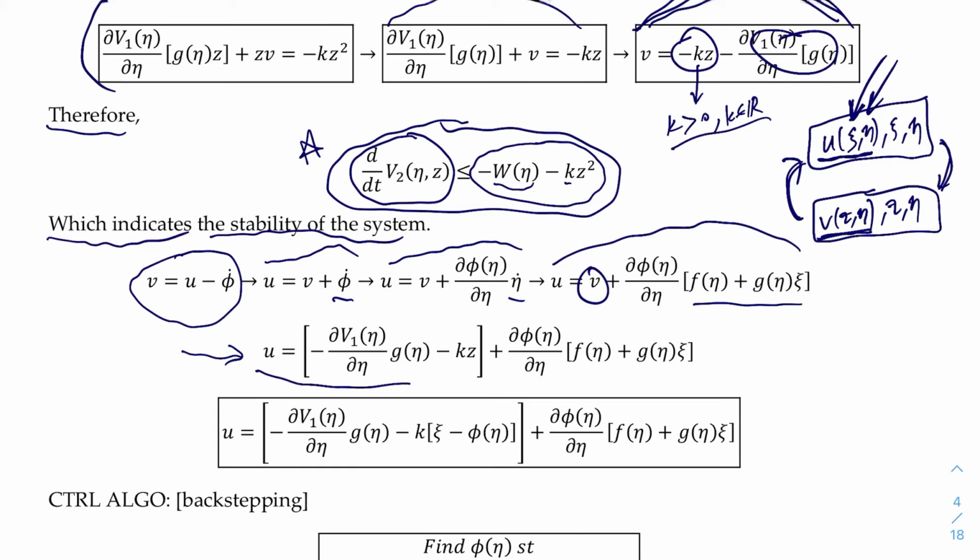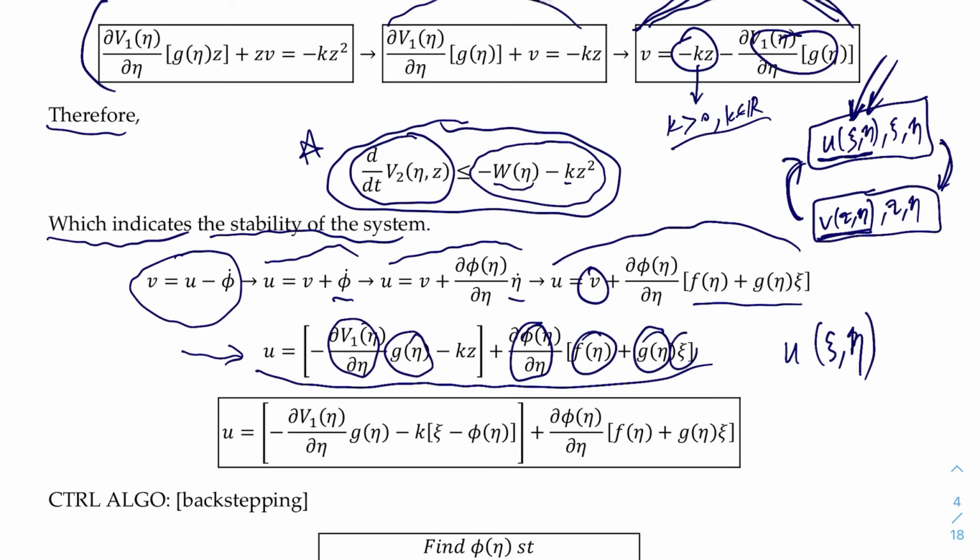And again, at this stage we need to find u as a function of xi and eta. Xi and eta. Okay, this is a function of eta, this is a function of eta, this is a function of eta, this is a function of eta, eta and xi, but this is z, right?